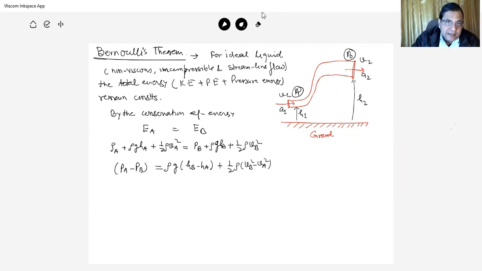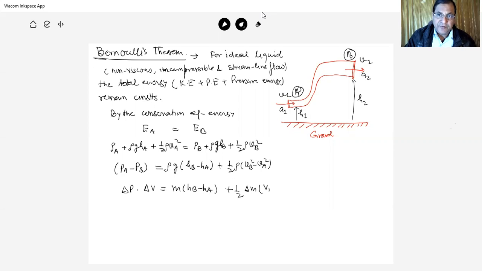And this is delta P into volume, equal to m g (hB minus hA) plus 1/2 delta m, that is m (vB square minus vA square).